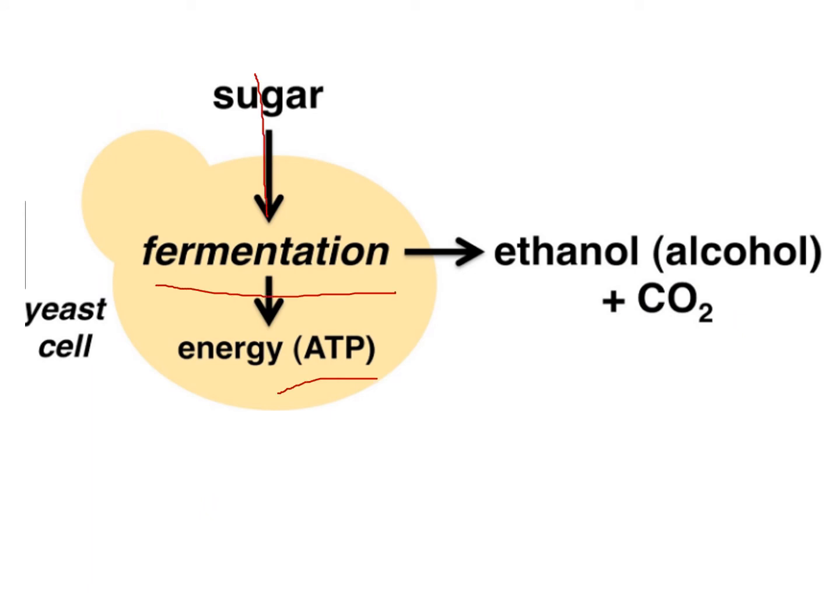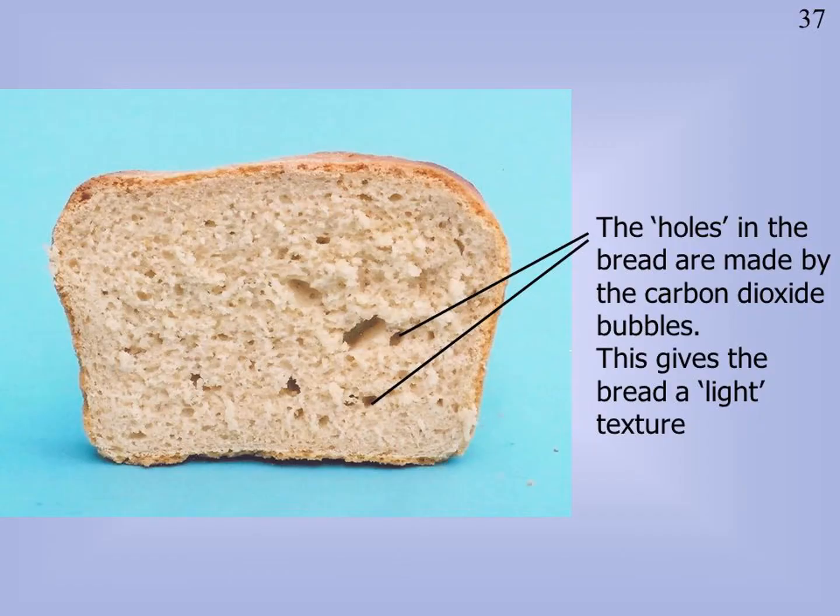It does produce ATP, but the anaerobic process without oxygen is not going to produce nearly as many ATP molecules as the aerobic respiration. Again, the aerobic respiration or cell respiration was with glycolysis, Krebs cycle, and electron transport system. And then you have the byproduct of ethanol and carbon dioxide.